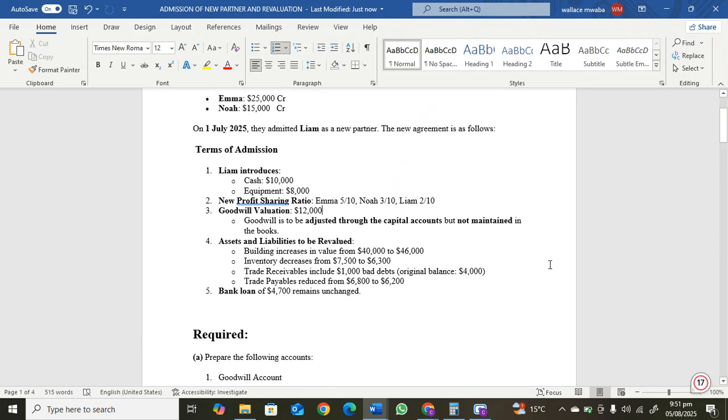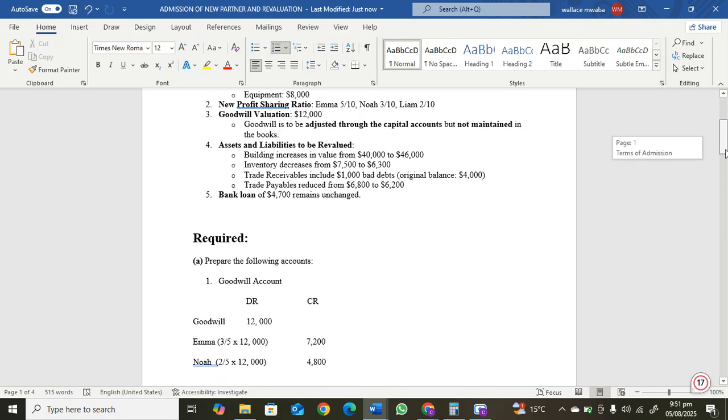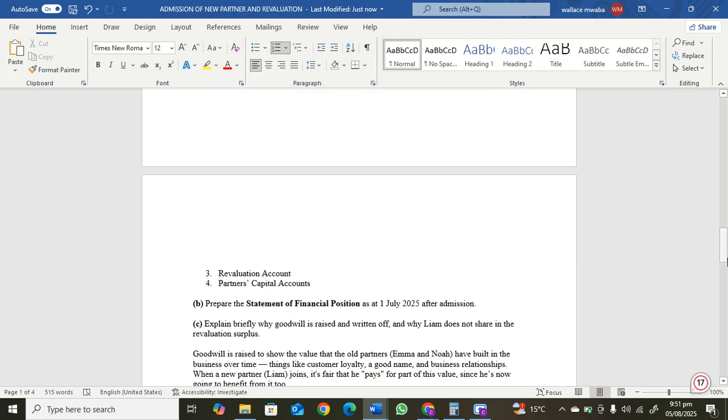Okay, so the next part we need to do the revaluation account. This is what you need to remember. Credit side is for gains or income.